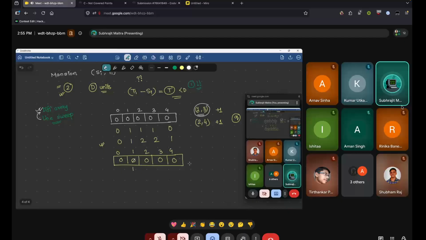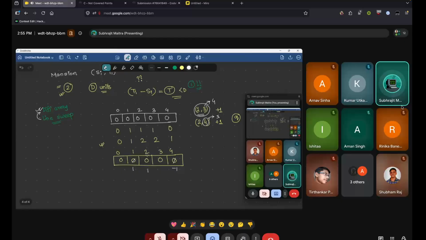If I am given this query 1 comma 3, then at position 1 I will increase it by 1, and at position end plus 1, that means position 4, I will decrease it by 1. Again, for this one, at position 2 I will increase it by 1, and position end plus 1 doesn't exist here, so I'll not do anything.